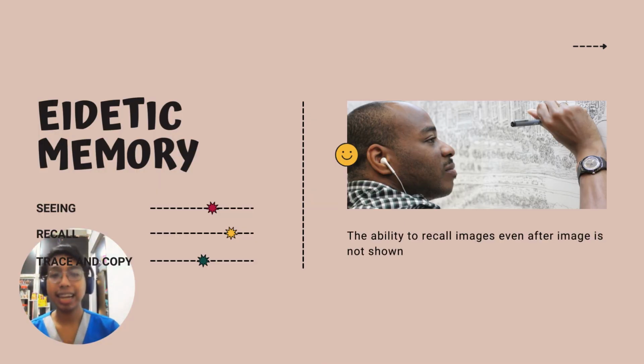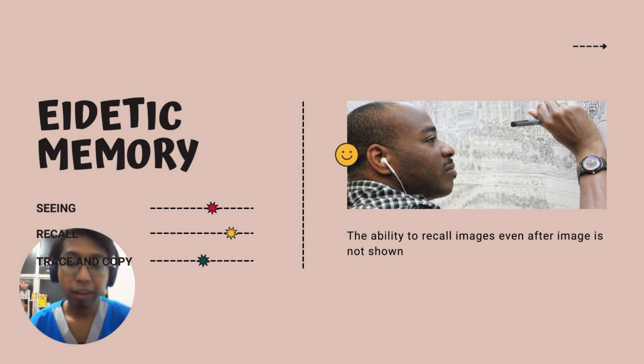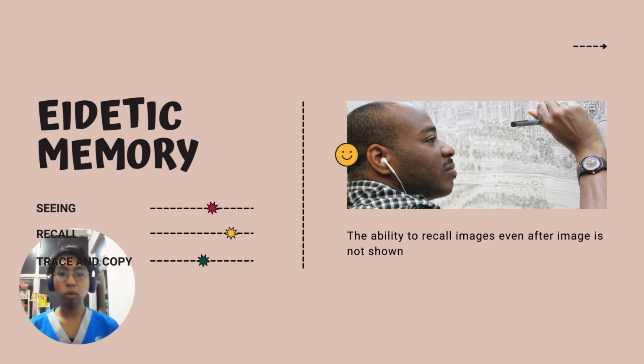And then eidetic memory. I know that most people have heard about photographic memory. The other name for photographic memory is eidetic memory. It's just the same thing. But there's also another one, which is autobiographic memory, which is a very rare case for a person to develop.